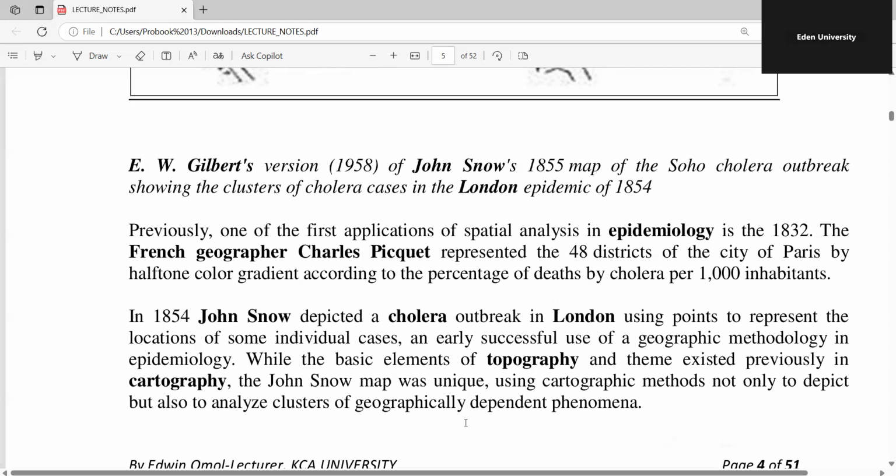We have John Snow's 1854 map of the Soho cholera outbreak showing the cluster of cholera cases in London. John Snow depicted the cholera outbreak using points to represent the locations of individual cases, an early successful use of geographical methodology in epidemiology, while the basic elements of topographic themes existed previously in cartography.